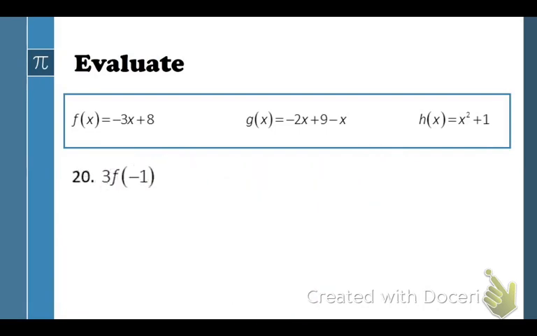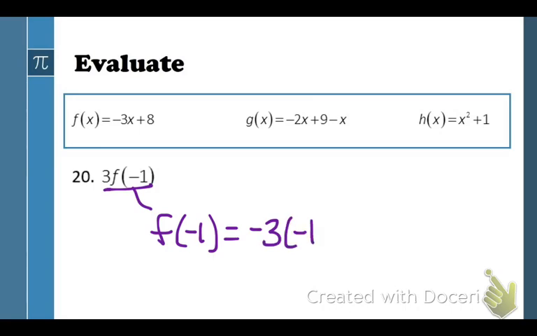So if we look at the next one, this time we are just going to find out what f of negative 1 is. And when we get that answer, we're going to multiply that by 3. That's all that's telling us to do. So first f of negative 1. In the f function, I'm going to put a negative 1. Find out what that output is.